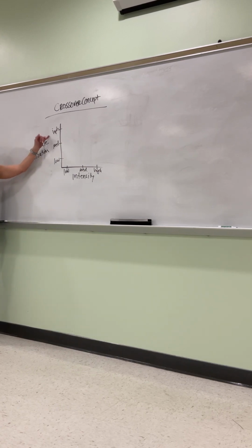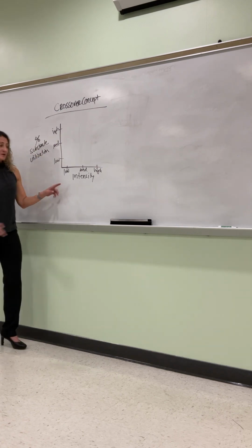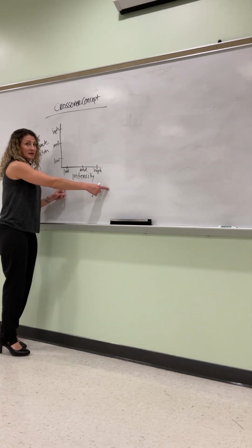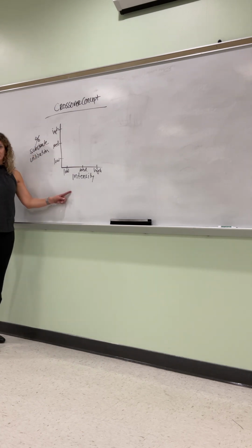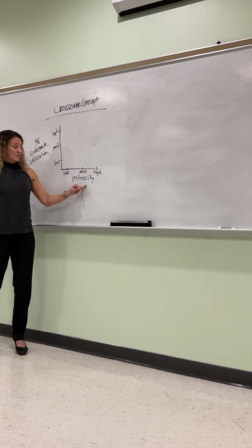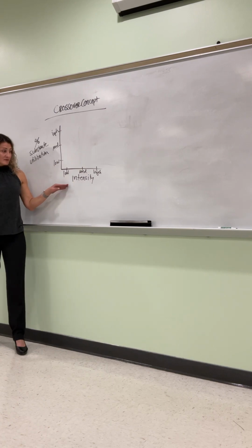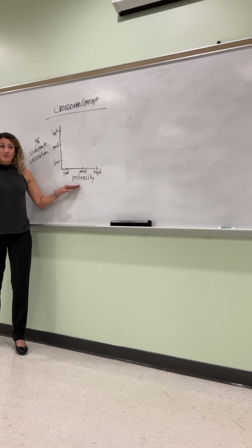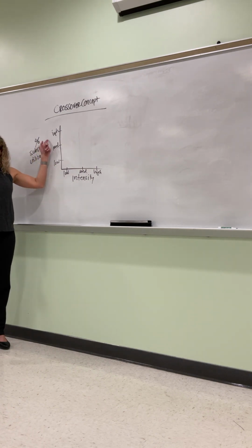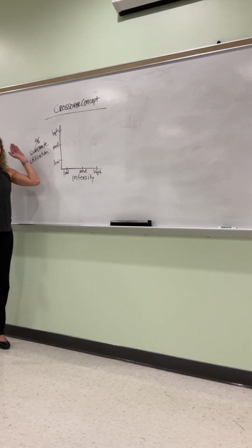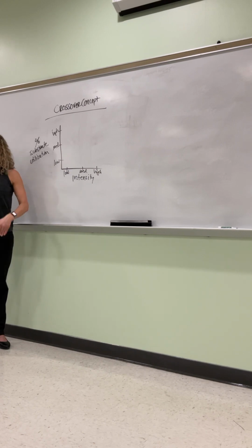Remember that when we're reading a graph, we're manipulating what's on the x-axis and seeing how it affects what's on the y-axis. That's why the y-axis is the dependent variable, because it depends on what we do to the x-axis. In this case, we're manipulating the intensity, gradually increasing it, and we're looking at how that affects our substrate utilization. So we're gonna draw one line for fat and one line for carbohydrates.